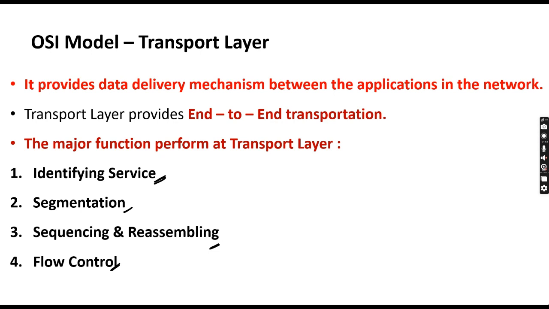Segmentation is all about, let's say you have a very big file or data, which is going to be broken down into multiple pieces and then forwarded. So segmentation is nothing but a very big data being divided into multiple pieces.